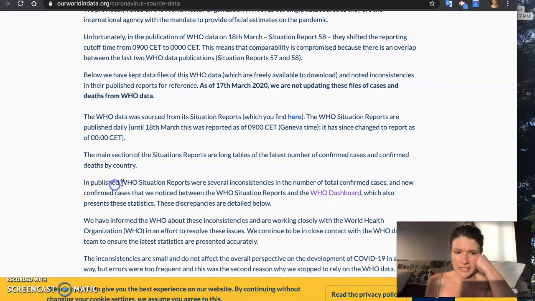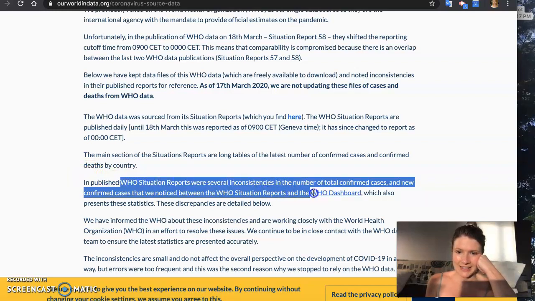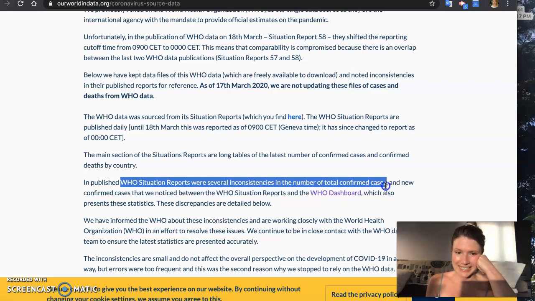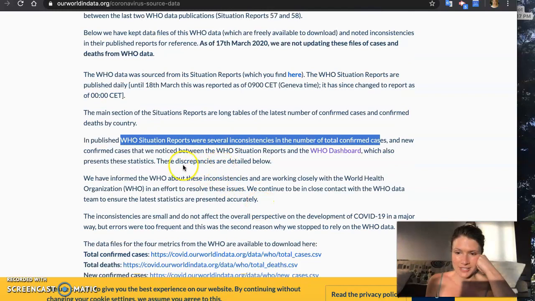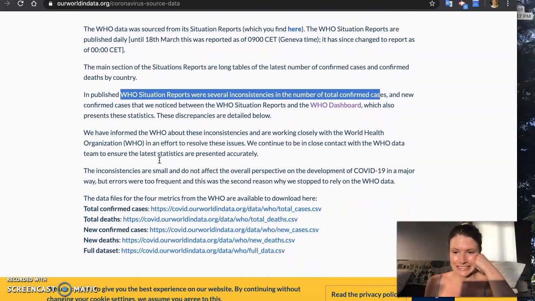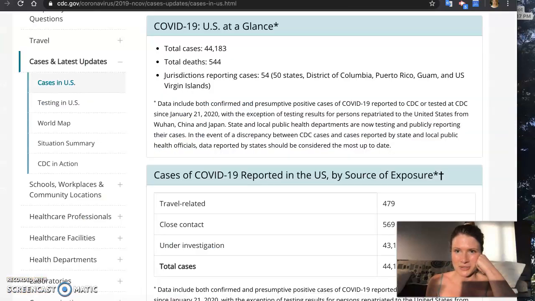In published World Health Organization reports were several inconsistencies in the total number of confirmed cases. These discrepancies are detailed below. So what I'm seeing is when I'm reading the fine print, it seems like that number that was reported on that date actually might not even be the most accurate number. And they're admitting that on the website. Okay, well, that's probably not a good resource to use.